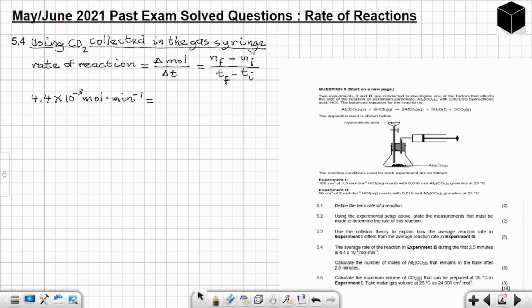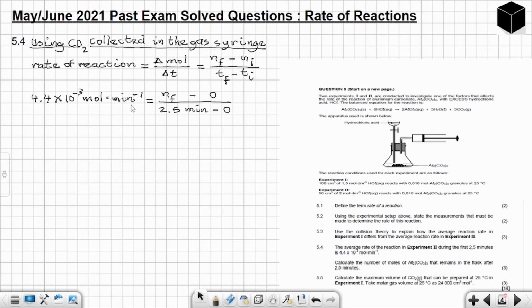Do you understand that? So n initial will be equal to 0, and t final will be 2.5 minutes. t initial is 0. Can you see n final? We are going to find it. n initial is 0, t final is 2.5 minutes, and t initial is 0. Now you can find the number of moles of carbon dioxide. You have n final there because it's minus 0, and you have 2.5 minutes at the bottom because it is minus 0.